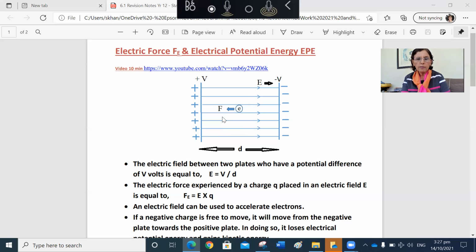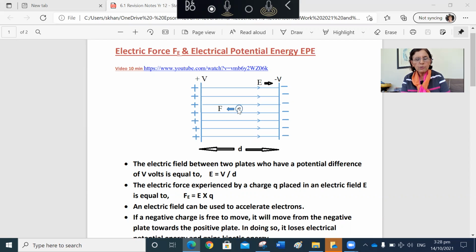Next, we will look at how an electric field can be used to accelerate electrons. Quite often in TV sets or cathode ray tubes, electrons are accelerated by the use of an electric field. Let's say there is an electron right in the middle here.